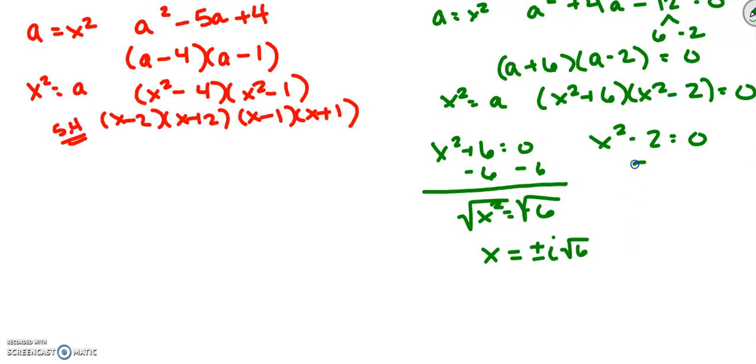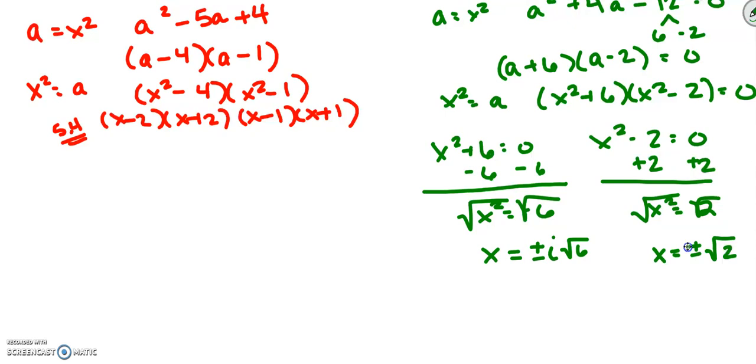For x squared minus 2, we're going to add 2 to both sides, giving you x squared is 2. Take the square root of both sides here, and we end up with x equals plus or minus square root of 2. So this one has the 4 answers, plus or minus i root 6, and plus or minus square root 2.